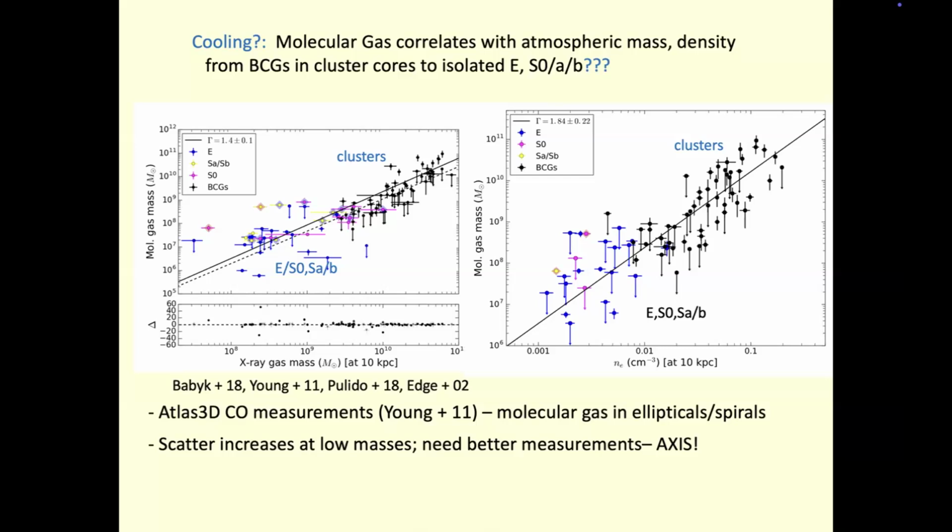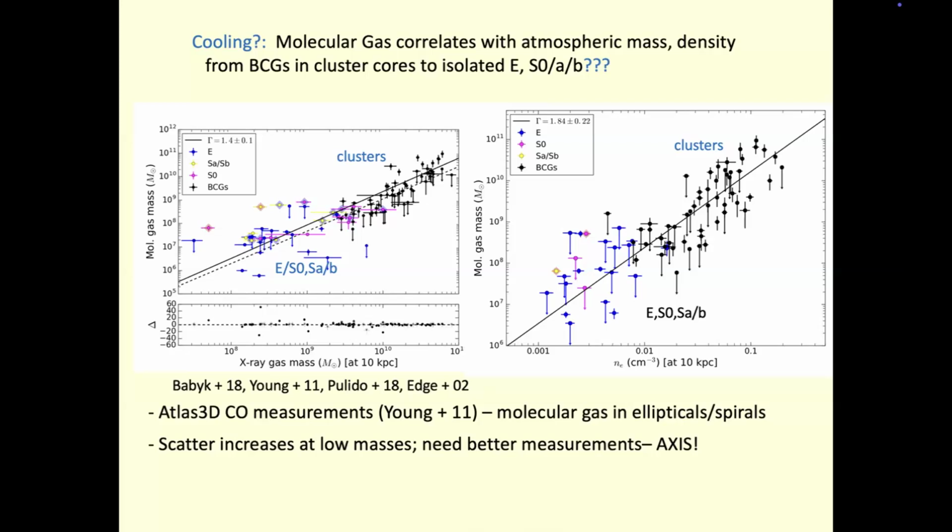And molecular gas masses observed at the centers of clusters are quite huge. You can see that they're well above 10 to the 9, and in many cases approaching 10 to the 11 solar masses. It would be very hard to explain molecular gas masses of that magnitude by mergers, which are commonly blamed, and very hard to explain the strong correlation between X-ray gas density, cooling time, and the levels of molecular gas.